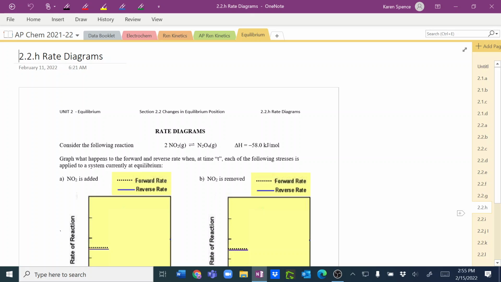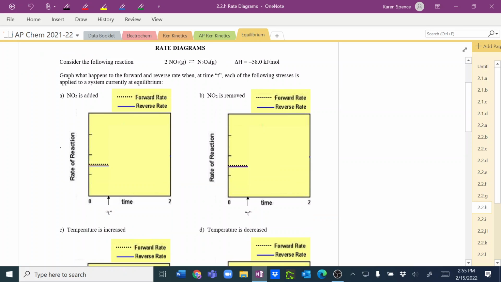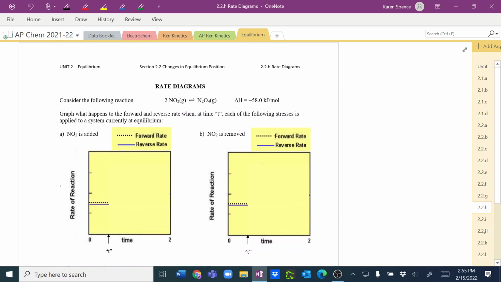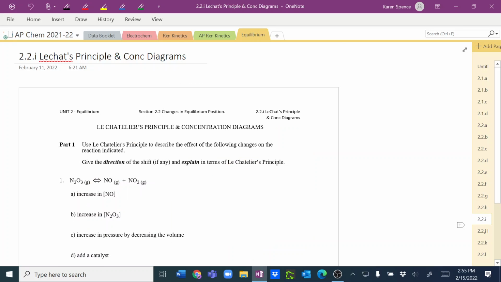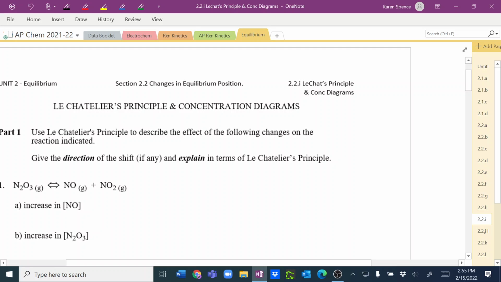So if you have a little extra time and you're like, ooh, I might like some practice on some rate diagrams, that would be 2.2H. If you think, oh, I would like some practice on Le Chatelier's principle and concentration diagrams, that would be 2.2I.